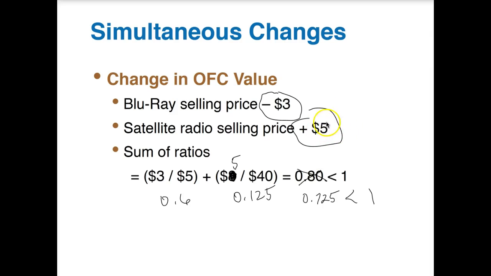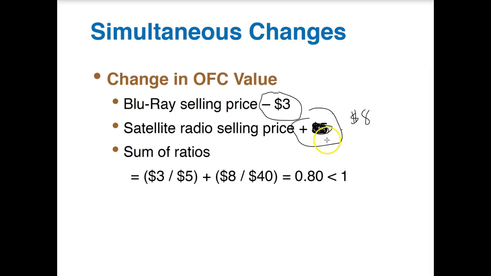Now, if we were to change this and say, instead of this being a $5 increase, let's say it's an $8 increase, then of course all of what we see here would be correct. So all this would be correct if that was $8.